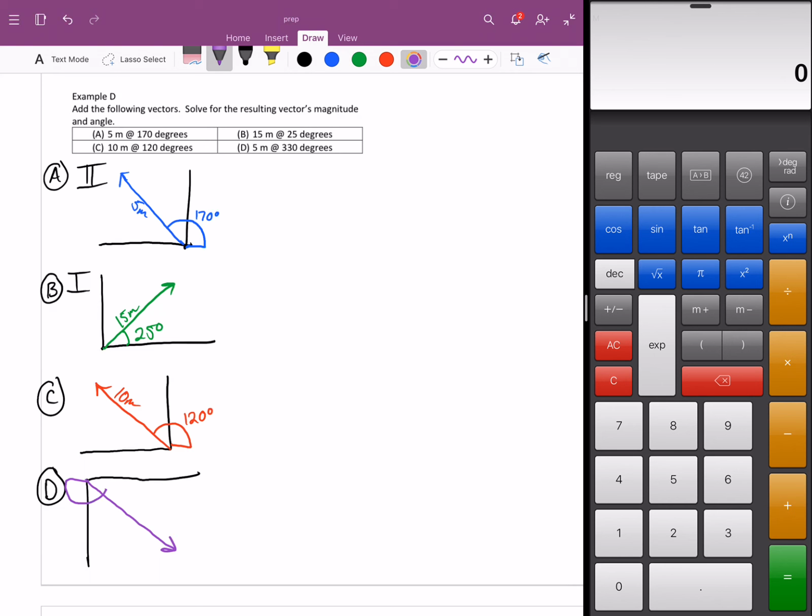You have a total of 330 degrees with a magnitude of 5 meters. Now we're going to be adding all the following vectors, solving for magnitude and angle.